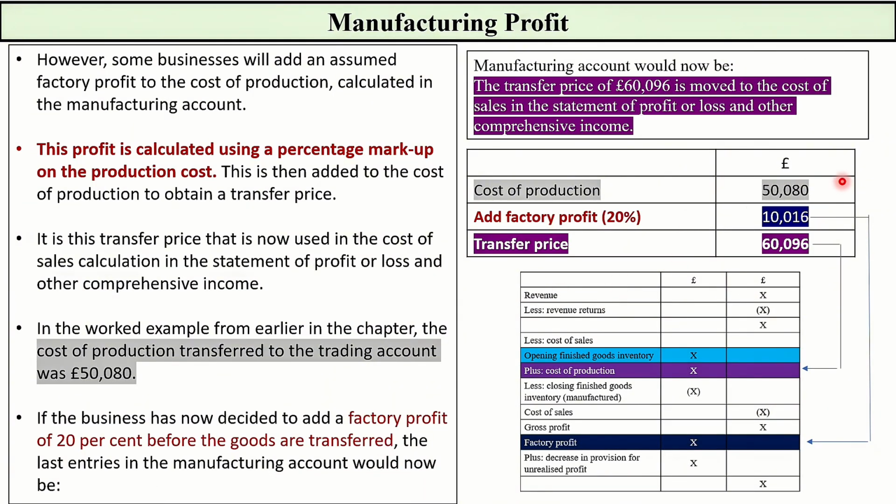Find 20% of 50,080, which gives 10,016. Add these two figures in order to find the transfer price. The manufacturing account would now show the transfer price of 60,096 moved to the cost of sales in the statement of profit or loss and other comprehensive income. As you can see here, therefore, the production cost should be 60,096.